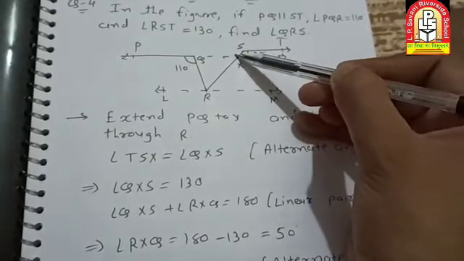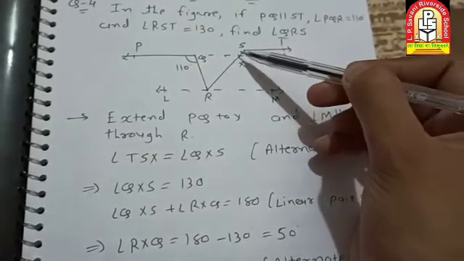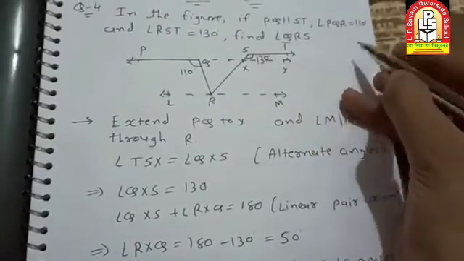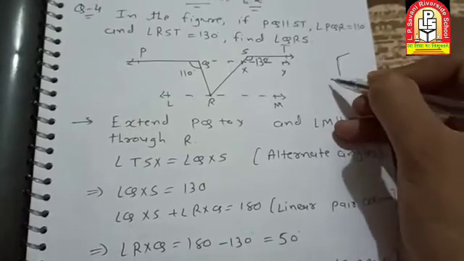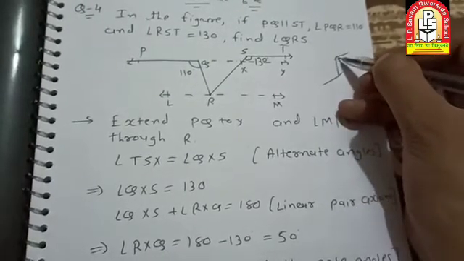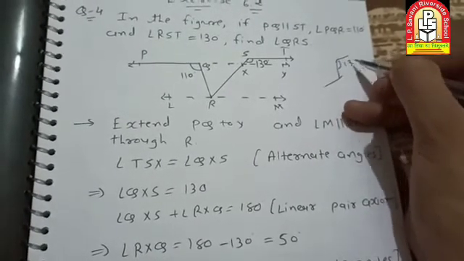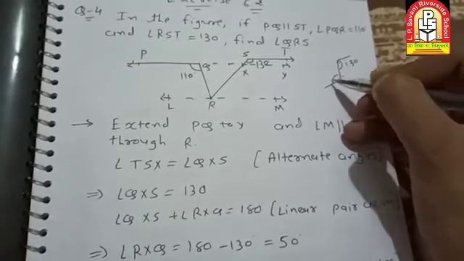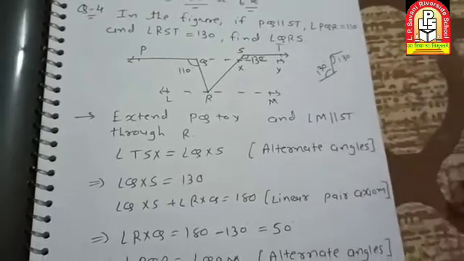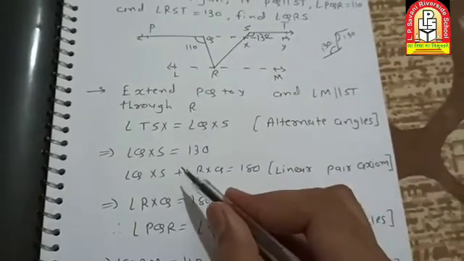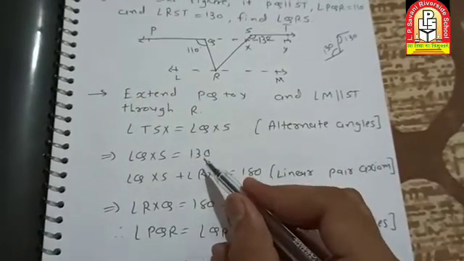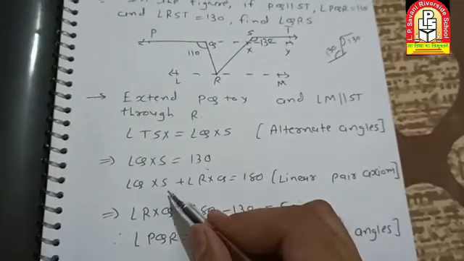These two angles are the same because they make a Z shape here, and this is 130 and this is also 130 because they are alternate angles. Okay, then QXS is equal to 130.